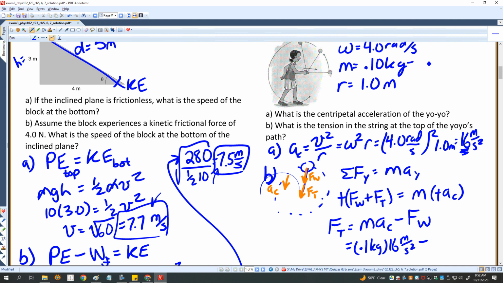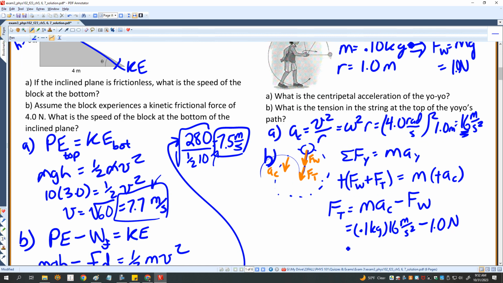Let's see, the mass here is given, so I can find the weight is equal to m times g, or 0.1 times 10, or 1.0 newtons. So that's equal to 1.6 minus 1.0 is equal to 0.6 newtons.